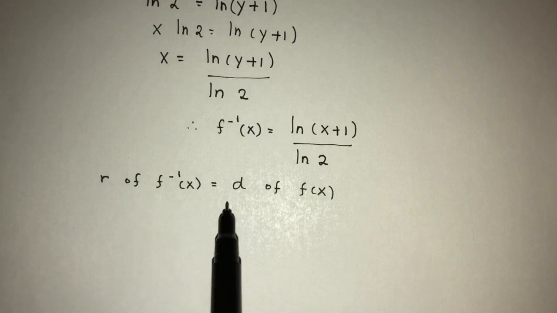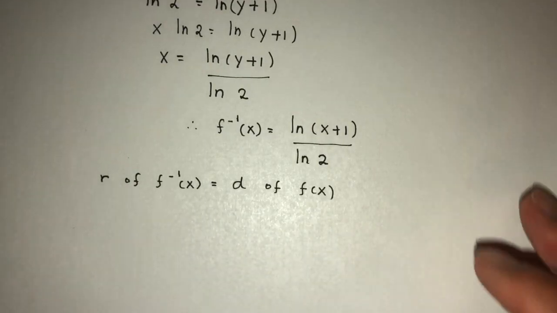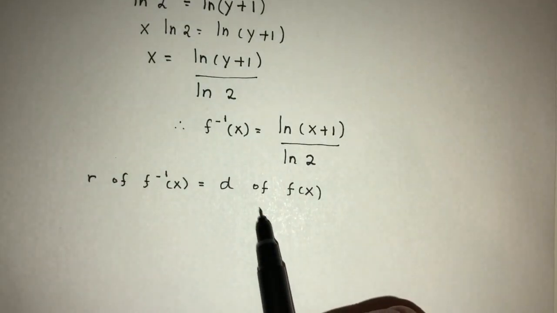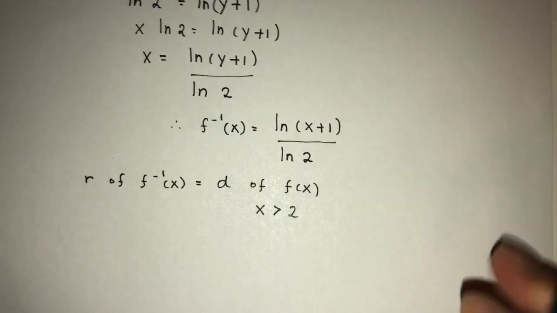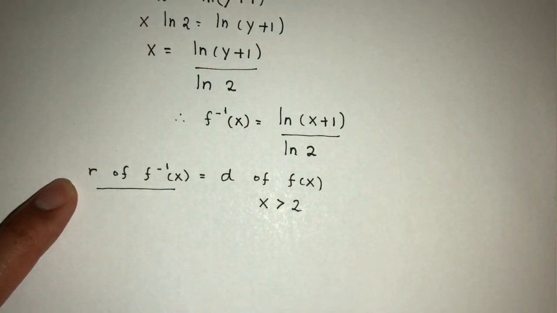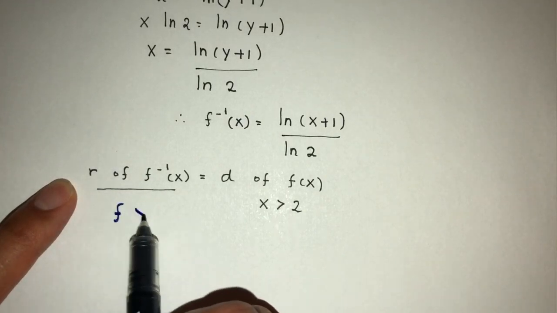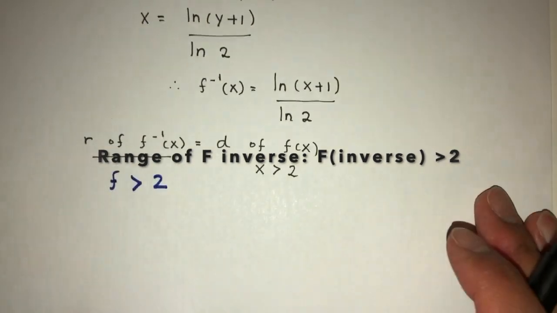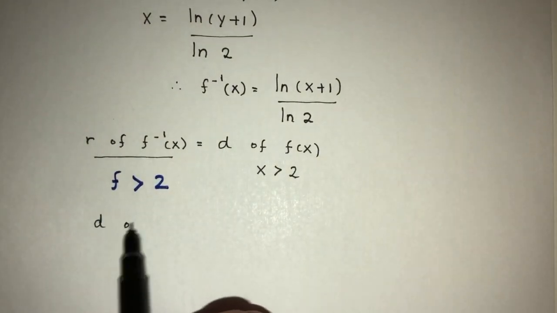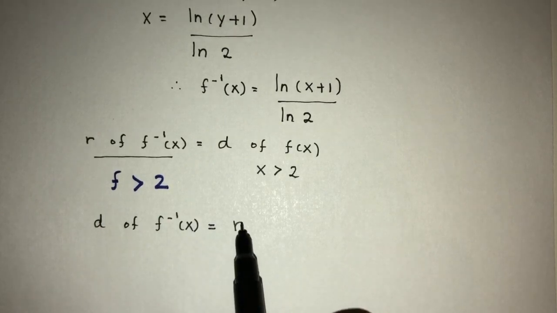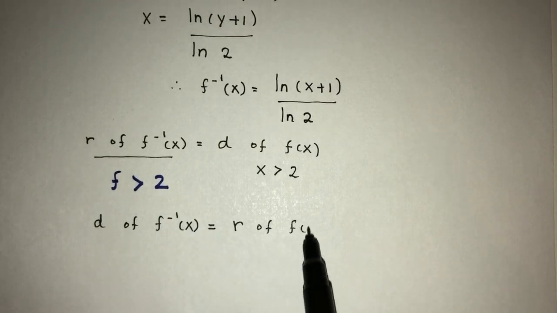So the domain of f of x is what? As you can see, it was defined here for values more than 2. So the domain of f of x was more than 2. But here we have to find the range. The range is written as y or as f inverse. So we have to write f inverse is more than 2. That is the first part. Now the same logic here. To find the domain of f inverse of x, it is equal to the range of f of x.